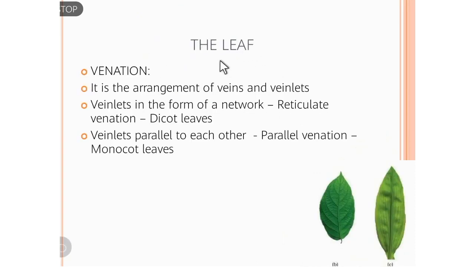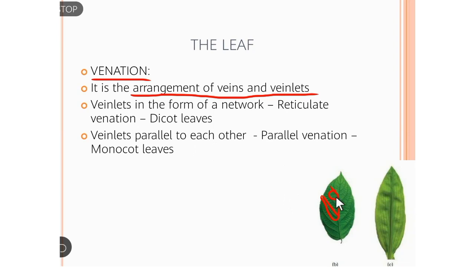Now let's get on with the other aspects of a leaf. The first one is venation. Venation is the arrangement of veins and veinlets on a leaf. Veins and veinlets, as we have mentioned before, are the vascular supply to the leaf which provides water and minerals to the developing leaf. So this portion here you see is the vein, and the structure which we see between two veins which forms a network is the veinlets.